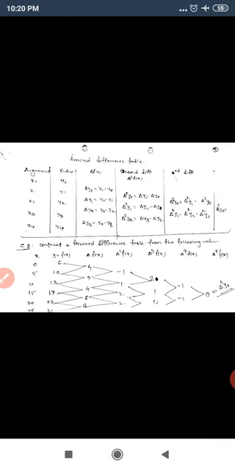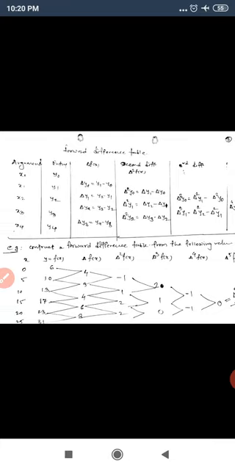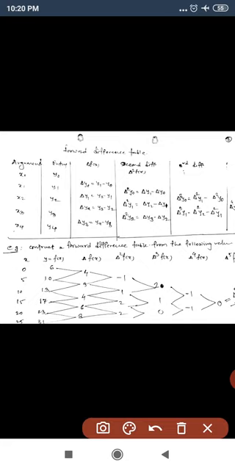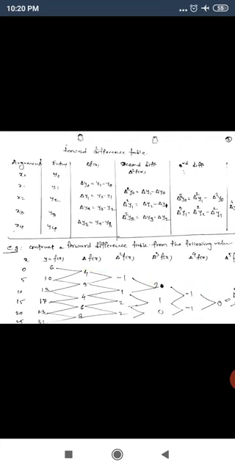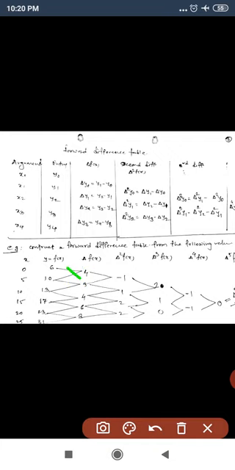So in this way we can construct the table: next value minus its previous value. Now these first values are important for us. This 4 is important, minus 1 is important, 2 is important, minus 1 is important, and 0 is important.